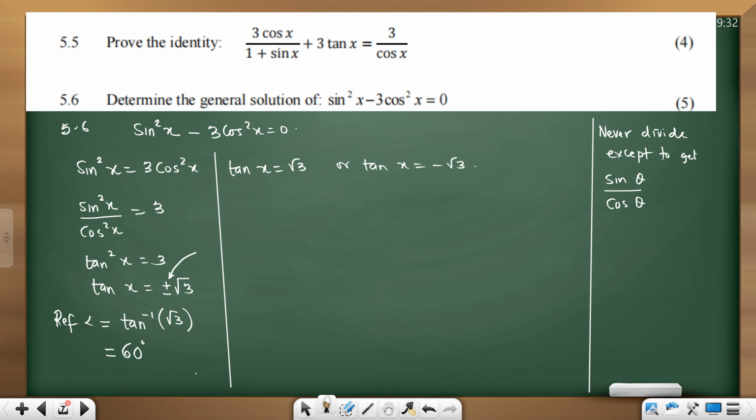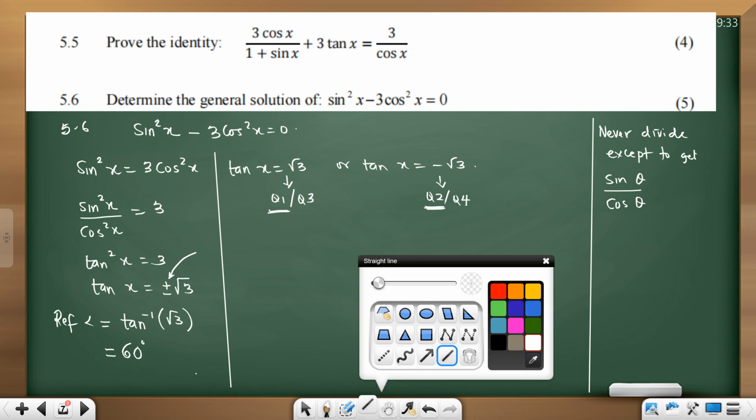Where is tan positive? Positive in quadrant 1 and quadrant number 3. Where is it negative? Quadrant number 2 or quadrant number 4. But for tan, you only need to do one quadrant. So I'm only going to do one quadrant in here on the positive side, quadrant 1, and on the negative side, quadrant 2.